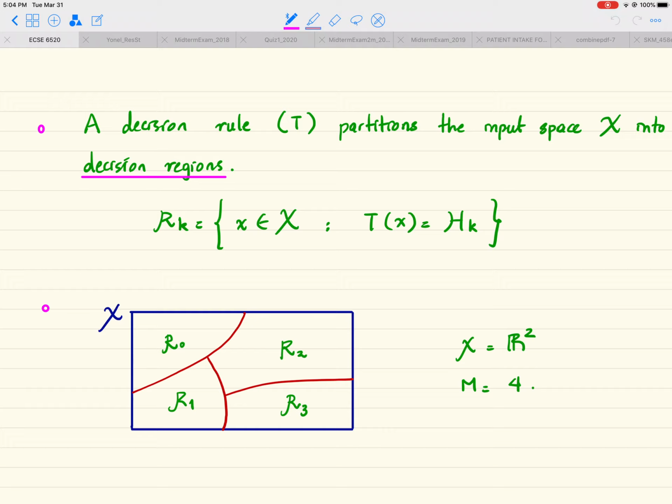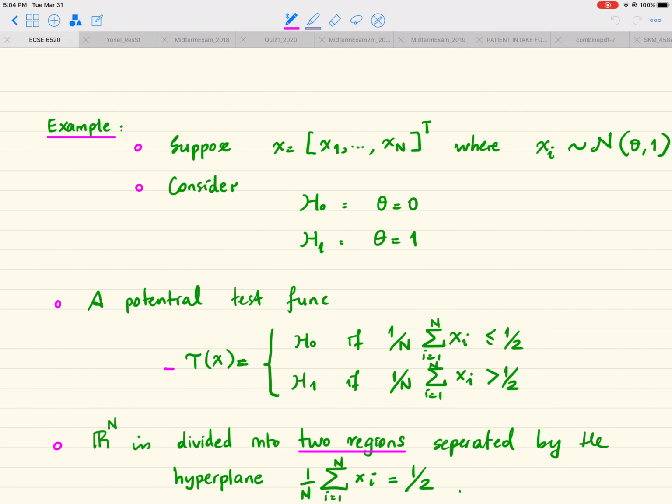Obviously, these regions are not overlapping, otherwise T would not be a mapping. Okay, so they are non-overlapping and there are boundaries between different regions.